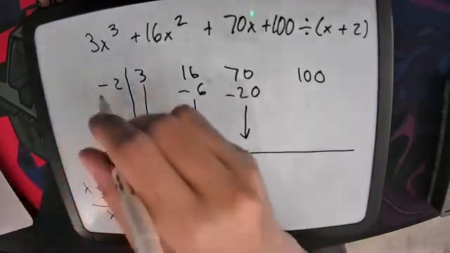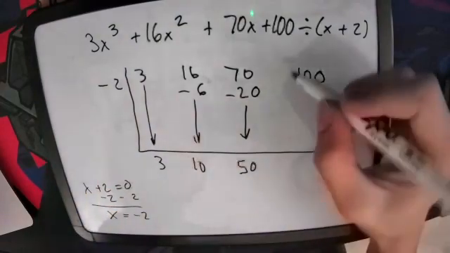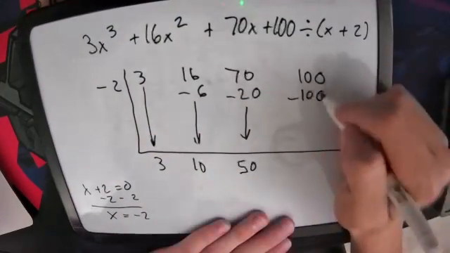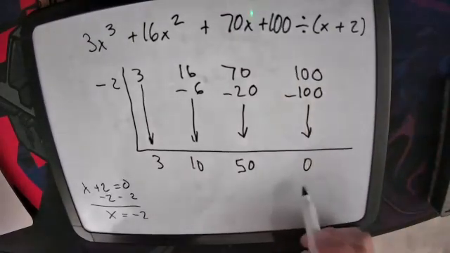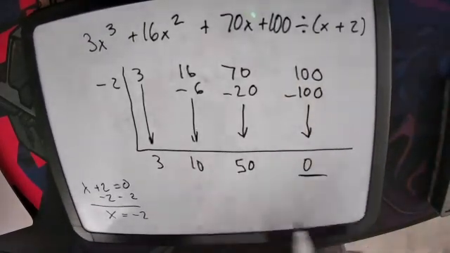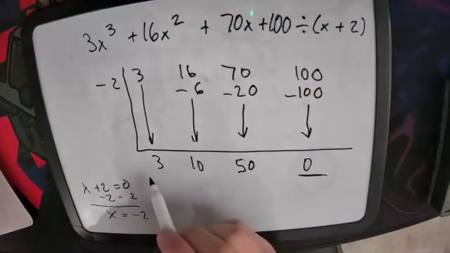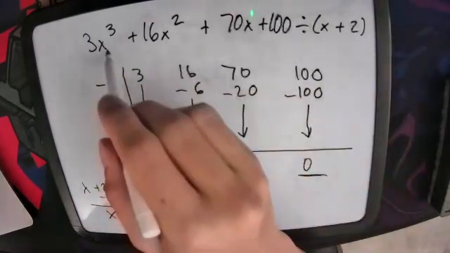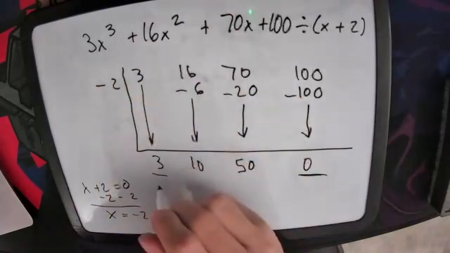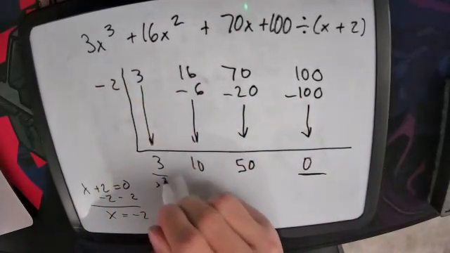And then here, we have negative 2 times 50, which is negative 100. We drag down this value, and we have 0. This last value is always going to be the remainder. This value is going to be this starting degree minus 1, so that's going to be x to the second.